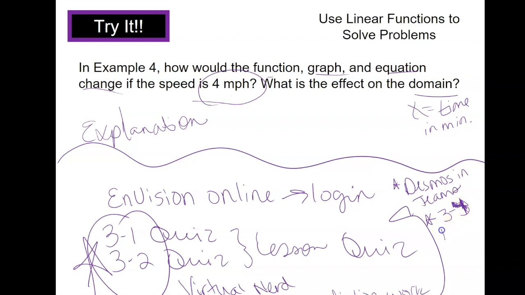Go through and start previewing 3-4 online. We'll say preview online. Okay, that should be plenty.